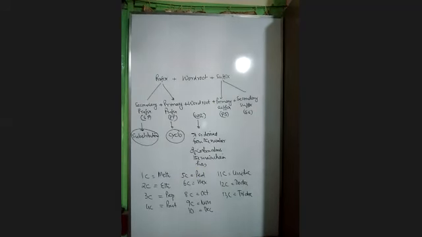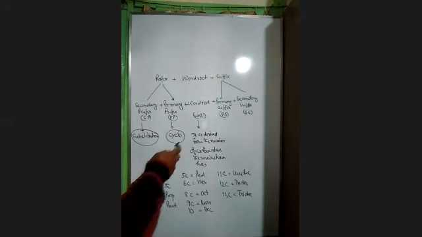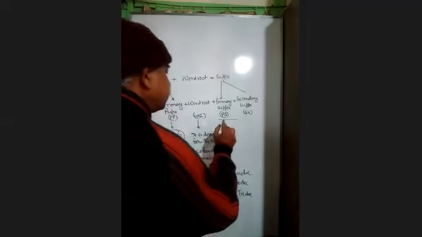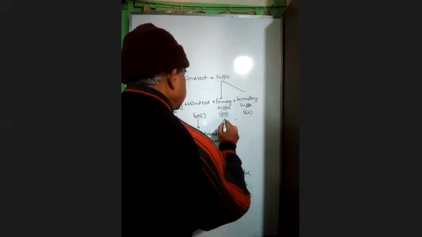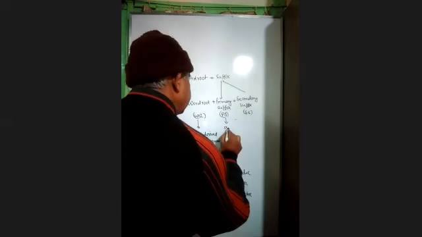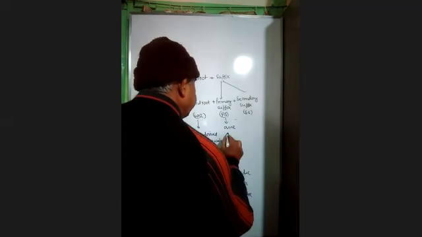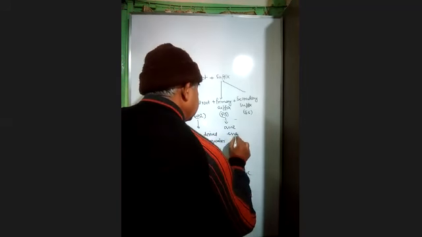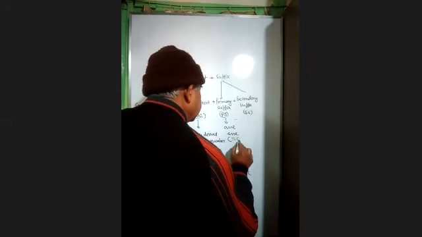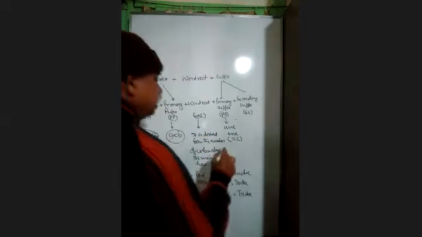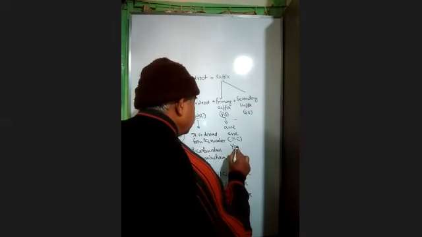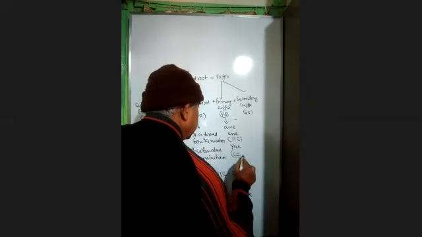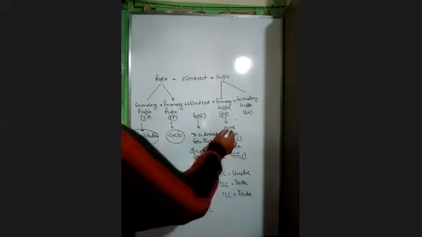Okay. Now, what does the suffix stand for? If it is saturated, then we will write here an. If it contains a double bond, then we write here en. If it is a triple bond, we call it yne. Okay, this is for this.